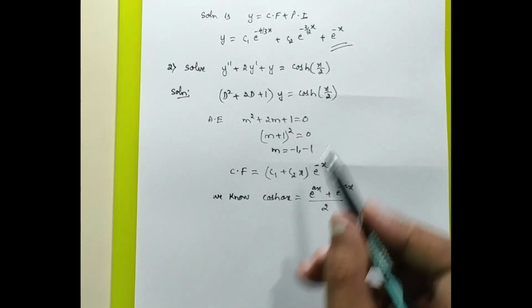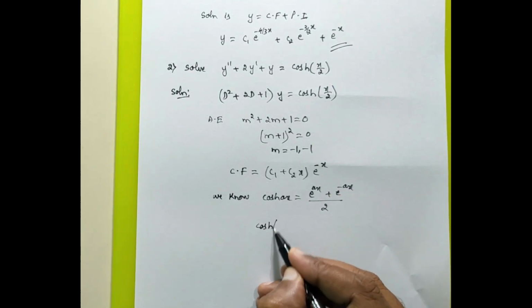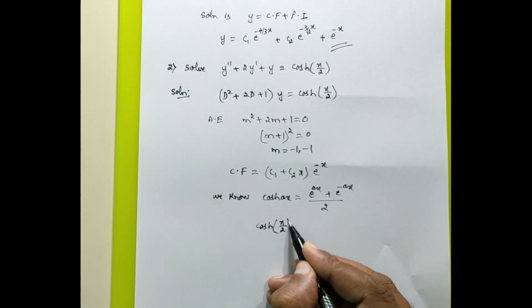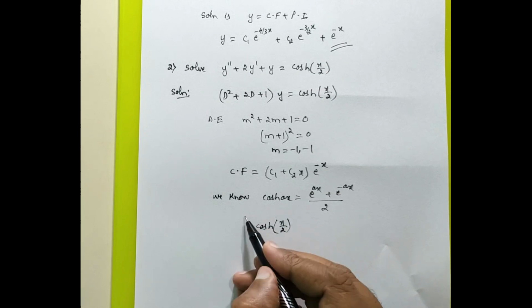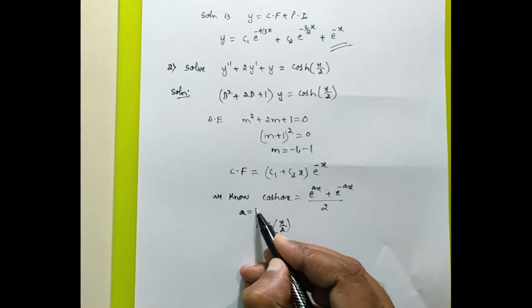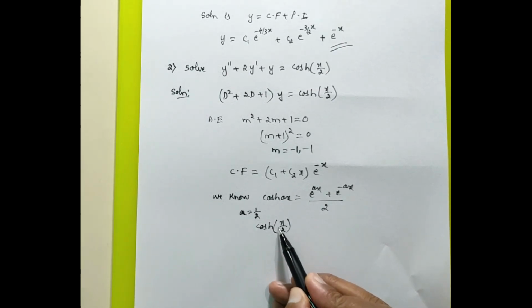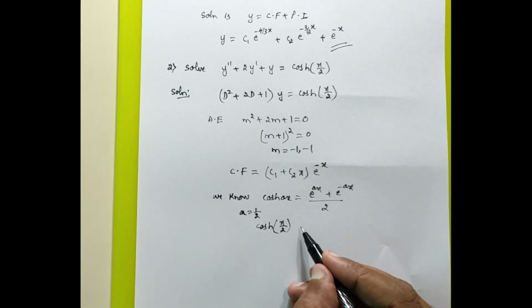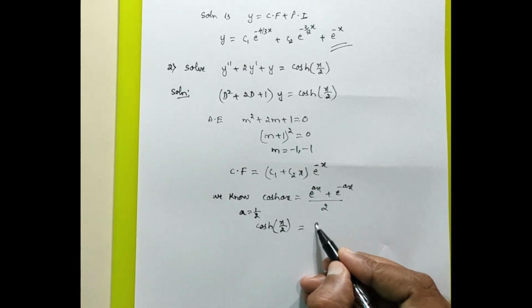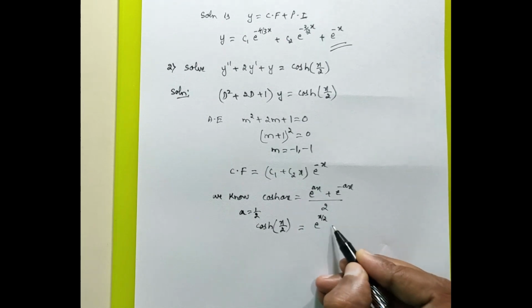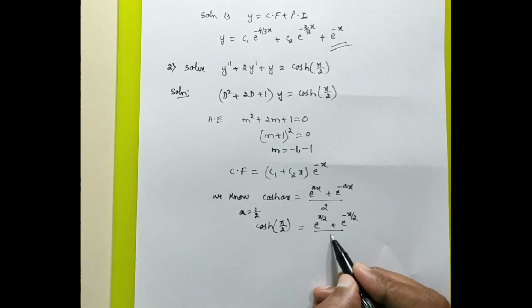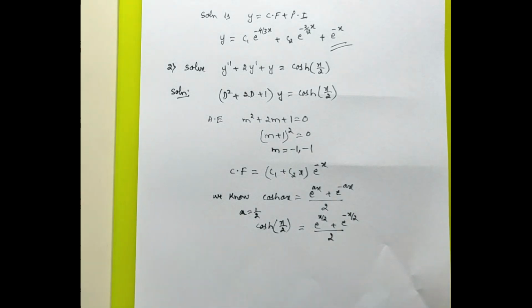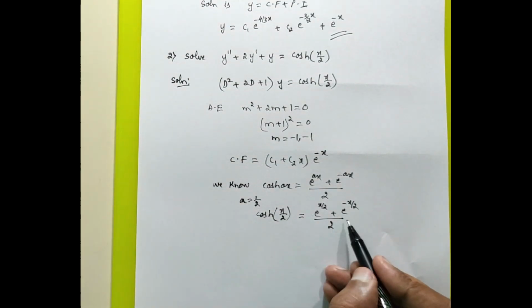Now if I use this formula for cosh(x/2), the value of a is half, the coefficient of x. So this becomes (e^(x/2) + e^(-x/2))/2, which is the value of cosh(x/2).